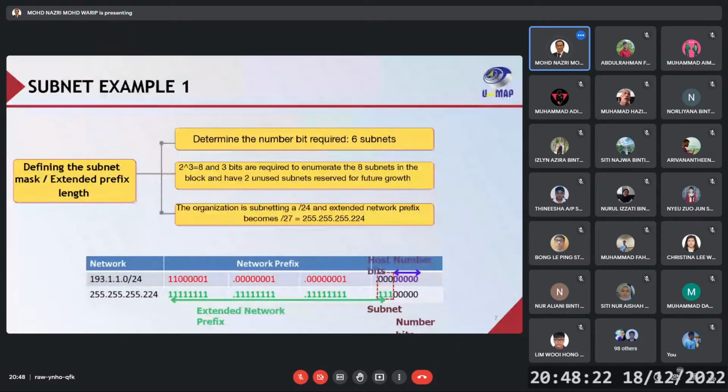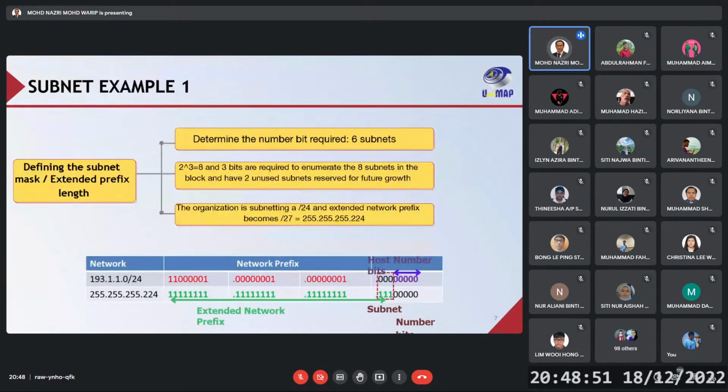Remember for binary bits, 2 power 3 is 8, right? 2 power 2, you get what? 4. Is 4 enough for 6 subnets? Not enough, right? Correct, no.